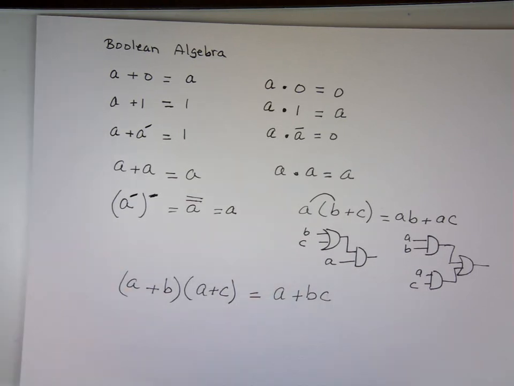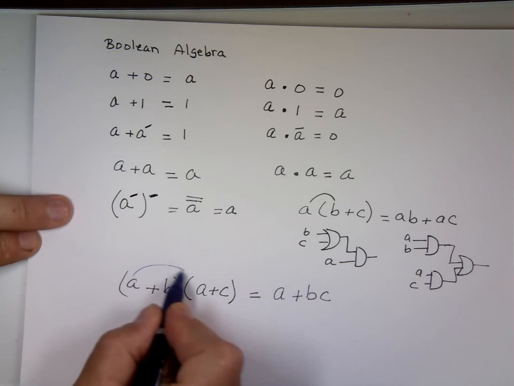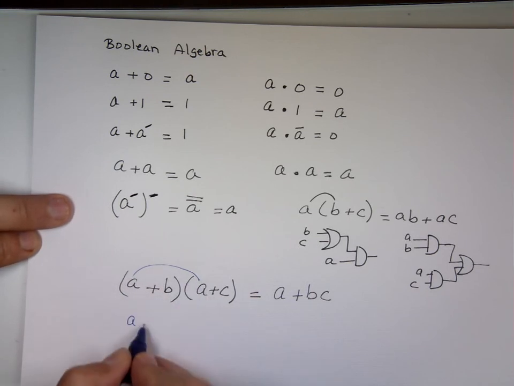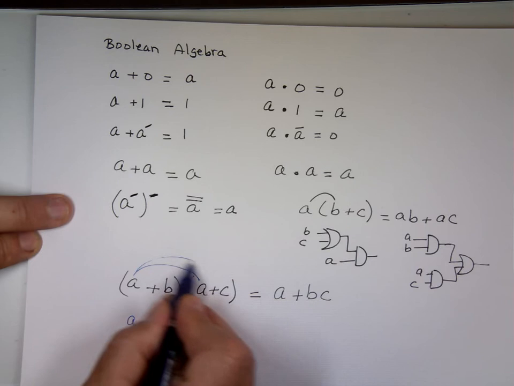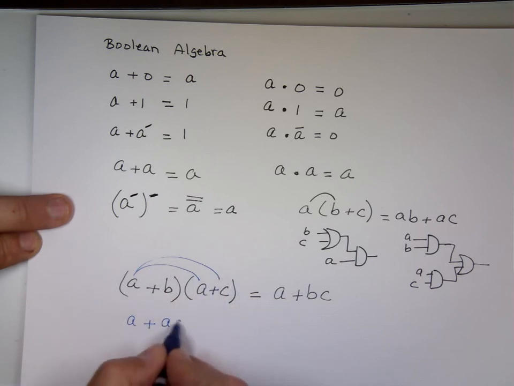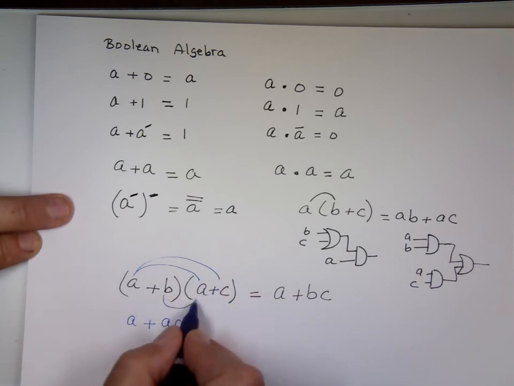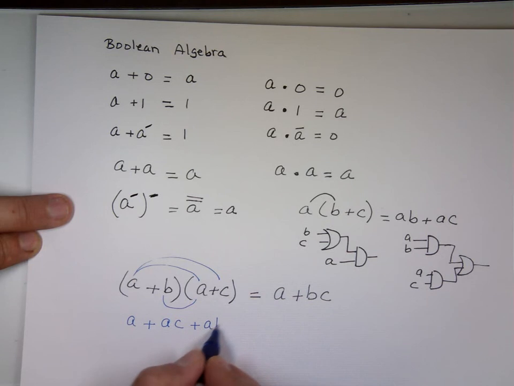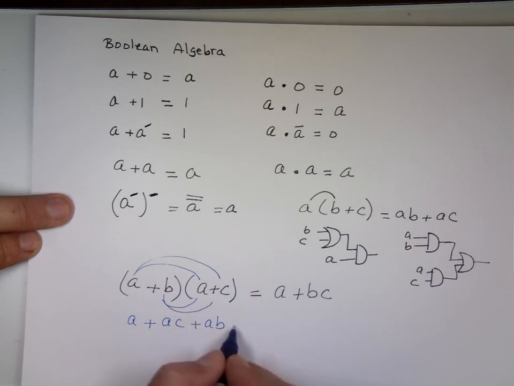Now why? We'll use the FOIL method. Let's FOIL this one. What's A and A? What's A and C? AC. What's B and A? AB. And what's B and C? BC.